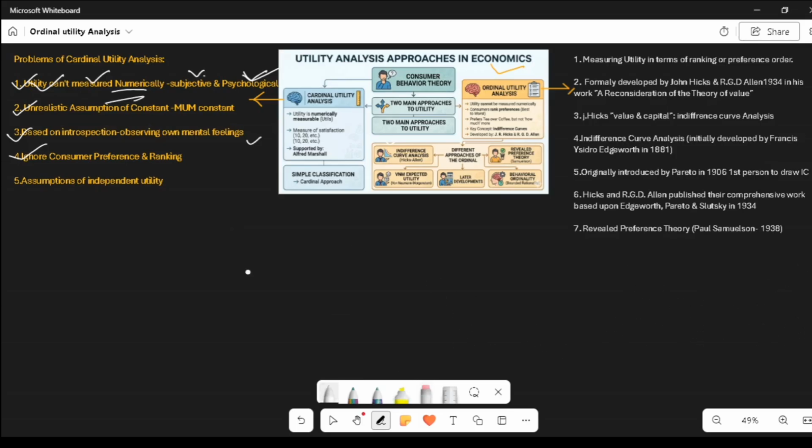In the same way, here we are talking about the assumption of independent utility. For example, suppose a person consuming tea gets 20 utils. Suppose the same person taking a biscuit gets 40 utils.